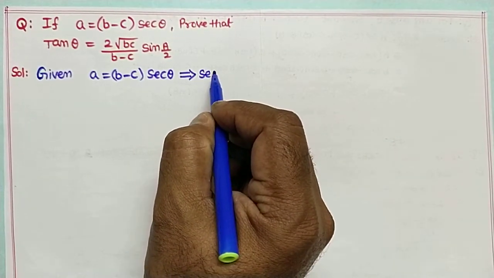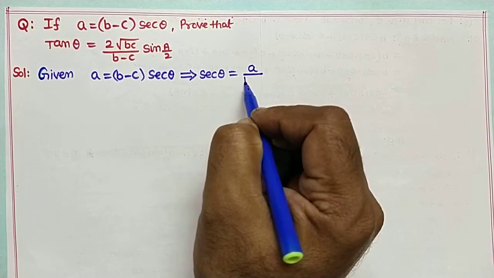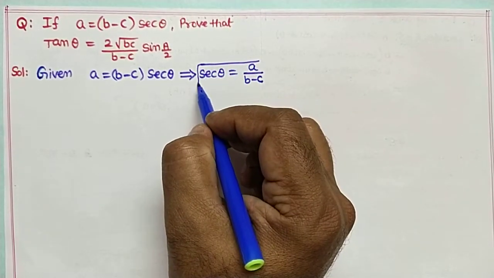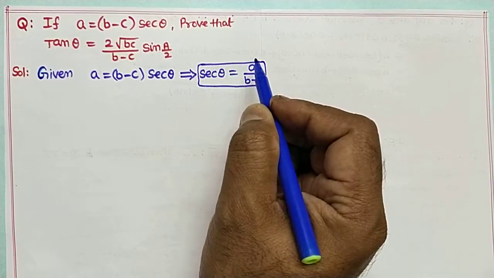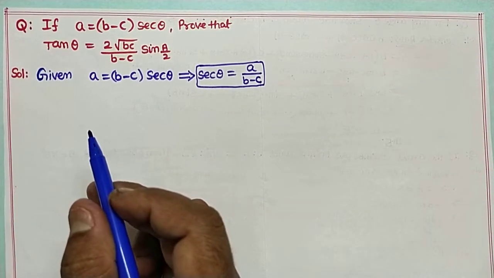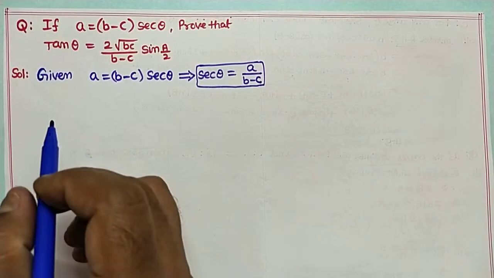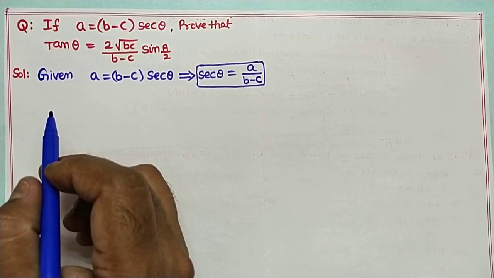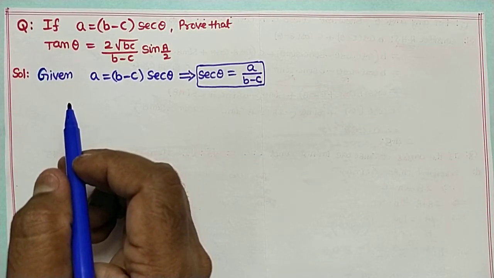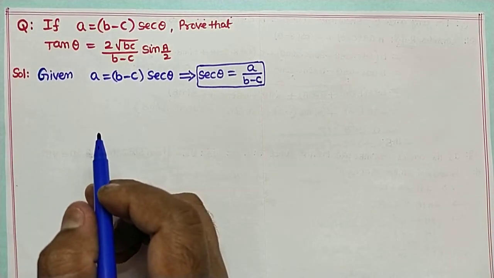So secant theta equals a divided by b minus c. After getting the value of secant theta, they are asking to prove the value of tan theta, no? So you can write the tan theta value in terms of secant. We have secant square theta minus tan square theta equal to 1.